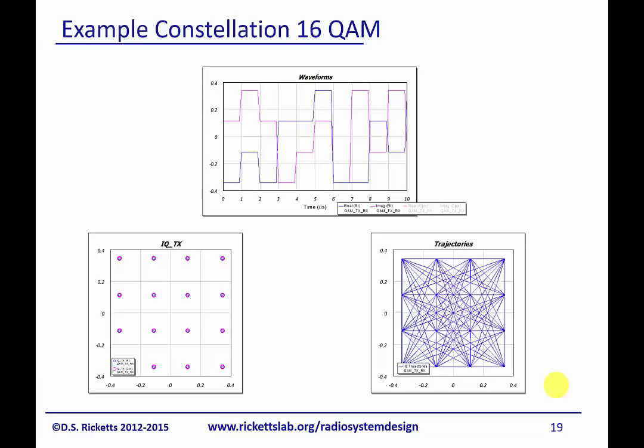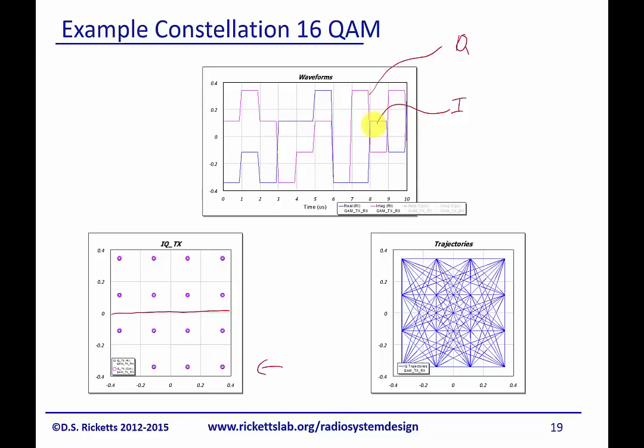I want to take one final minute to talk about what these constellation diagrams look like. Down here on the left is a simulated version of a 16 QAM, meaning there are 16 points. Up here, I may not get these right, it doesn't matter if they get reversed, here is your quadrature, and the blue is your in phase.